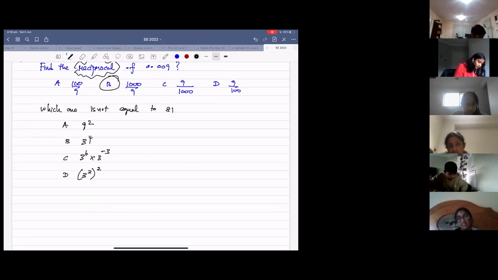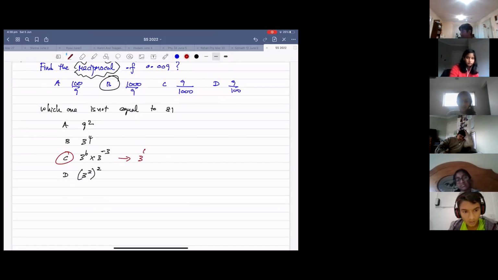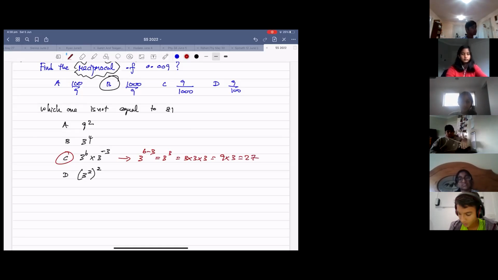Is it C? Oh man, these people are pretty fast. Yep, C is the answer. Because 3 to the power 6 minus 3 is going to be 3 cubed, which is 3 times 3 times 3. 3 times 3 is 9, 9 times 3 is 27. So that's not 81.